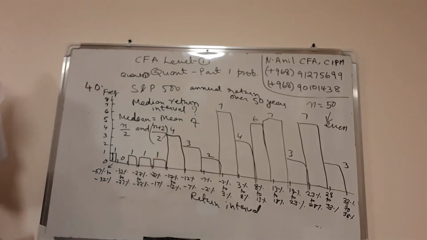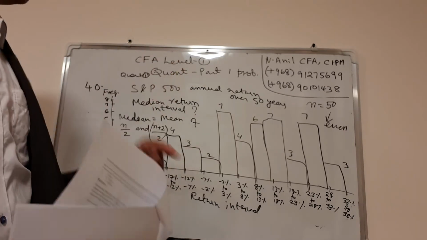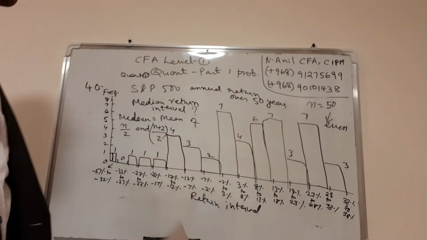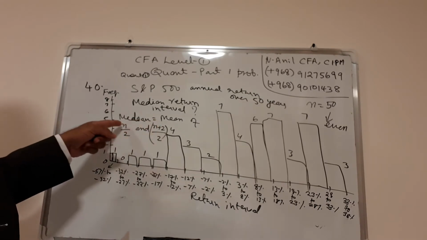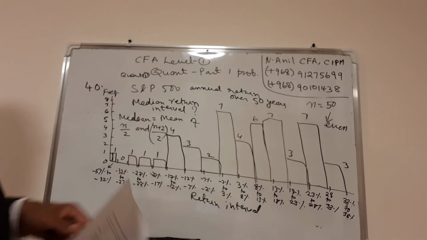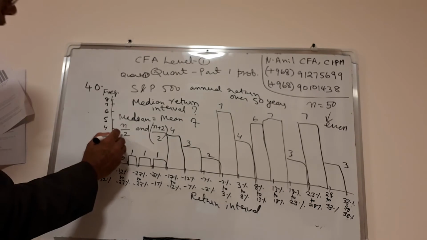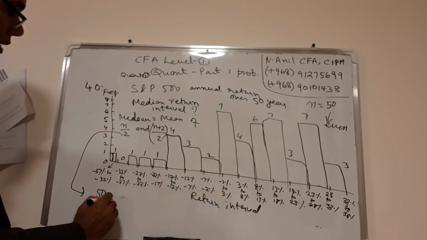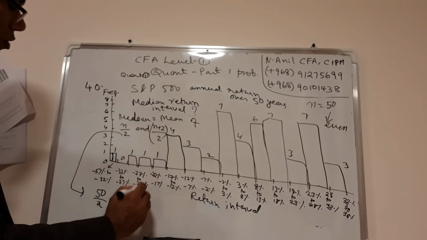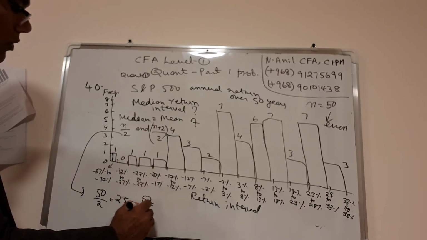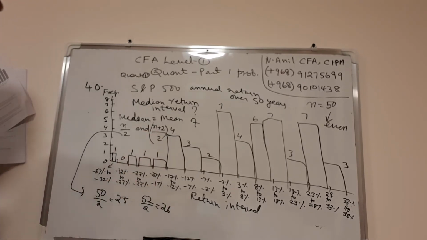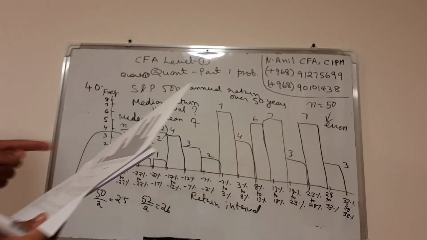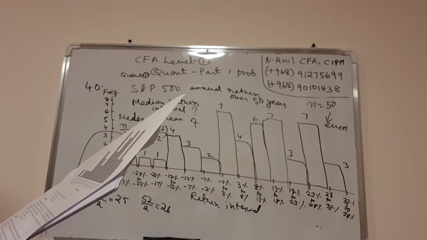If there is an odd number, it is n plus 1 divided by 2. If there are an even number of data points, you take the mean of n by 2 and n plus 2 by 2. So n by 2, 50 by 2, is 25, and the other is 52 by 2, which is 26. So between 25 and 26.